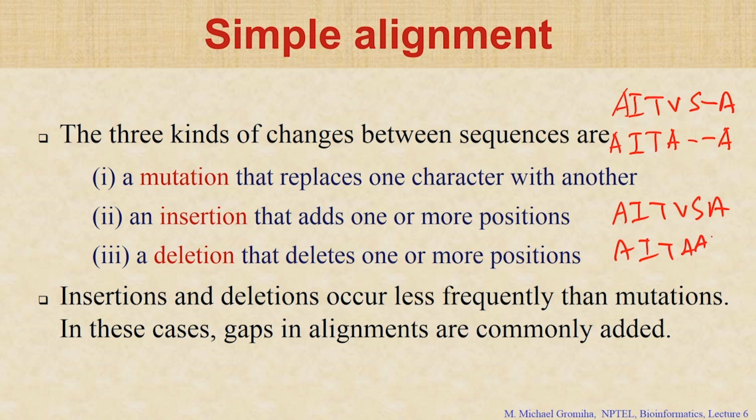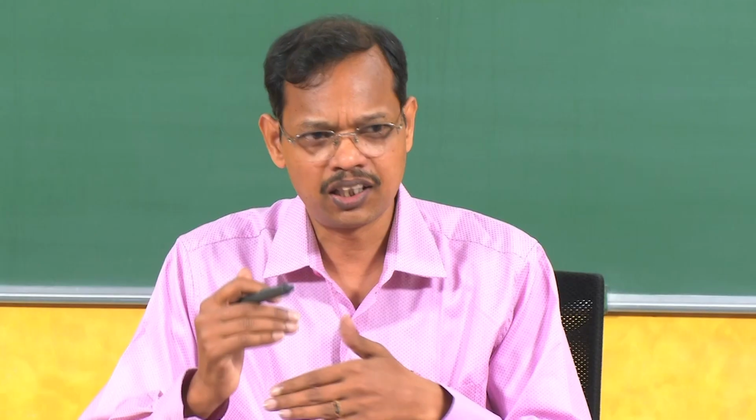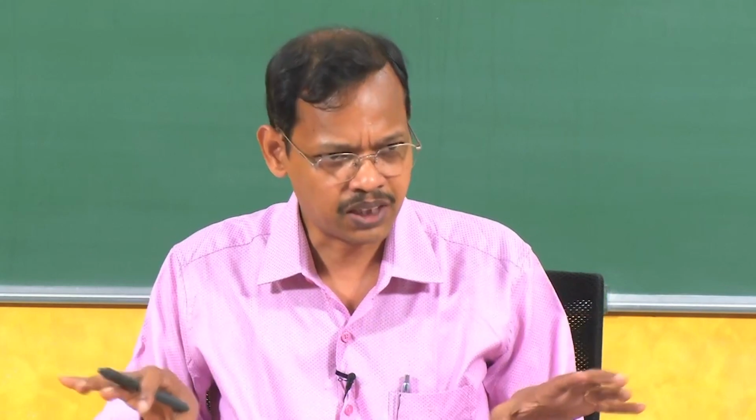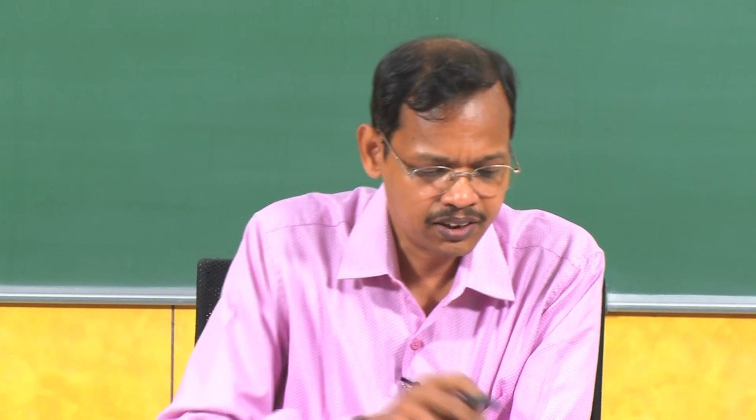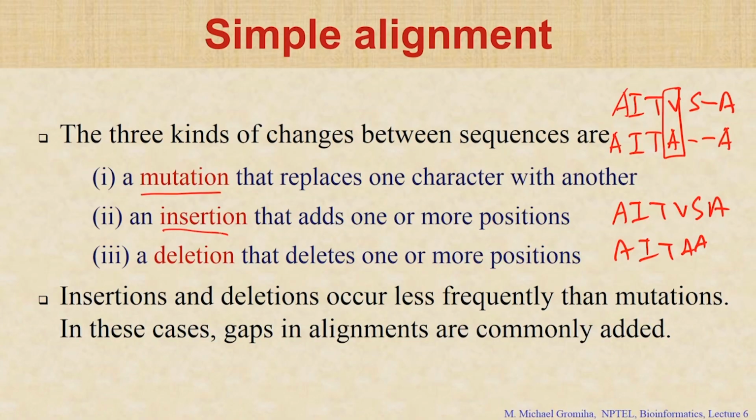You can make these two sequences align with each other in different aspects. One is a replacement of characters. For example, here valine is changed to alanine, and this type of change is called mutation or substitution. If you change or replace one amino acid by another amino acid, that is called mutation. There are two other aspects, one is called the insertion.